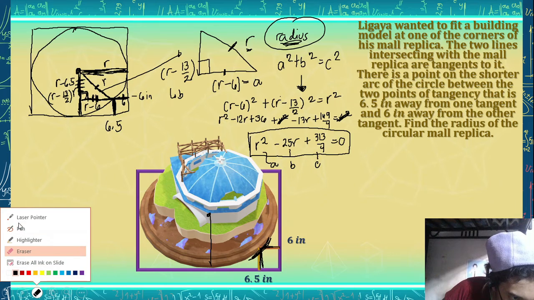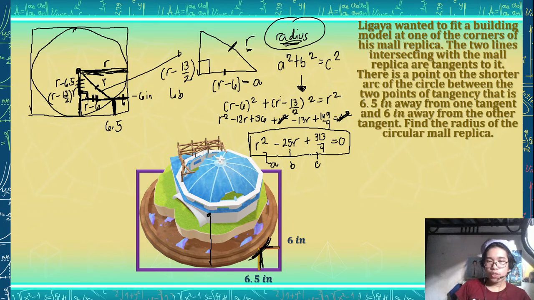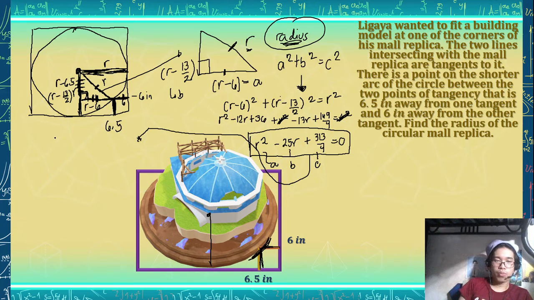Let's transfer this formula over here so that we have a lot more space. So that's r squared minus 25r plus 313 all over 4 is equal to 0. And we can say that a is equal to 1, b is equal to negative 25, and c is equal to 313 all over 4.